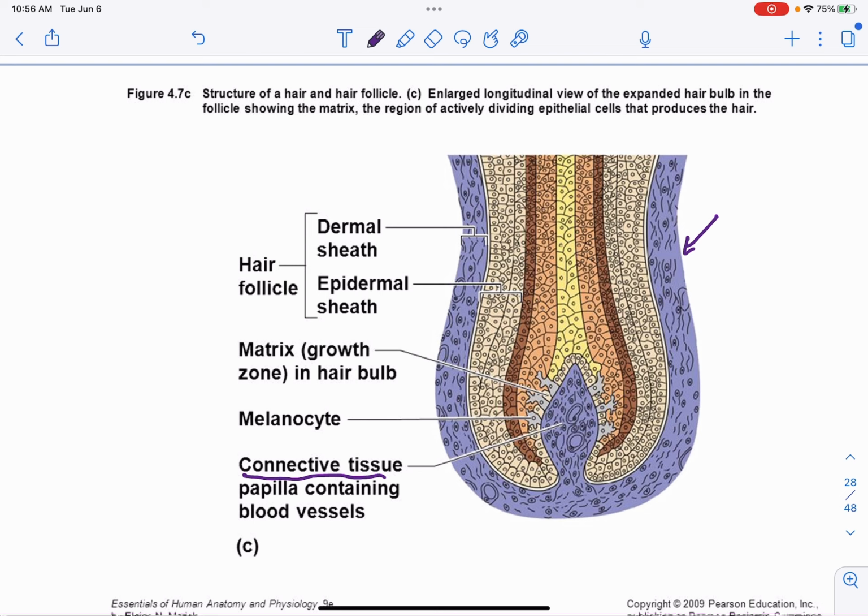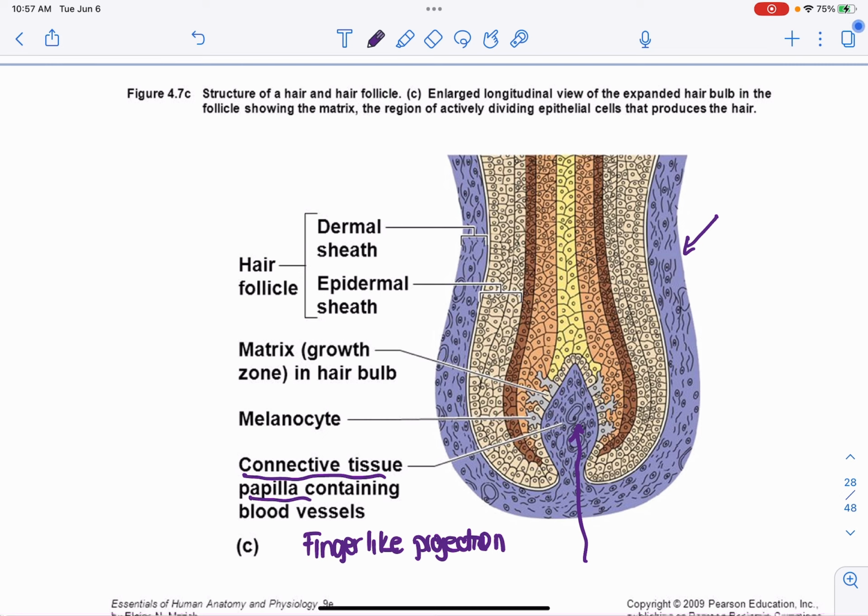It also pushes in here to form a papilla. All right, papilla means finger-like projection. I'm getting ready to spell that wrong. So it's a finger-like projection, the papilla.